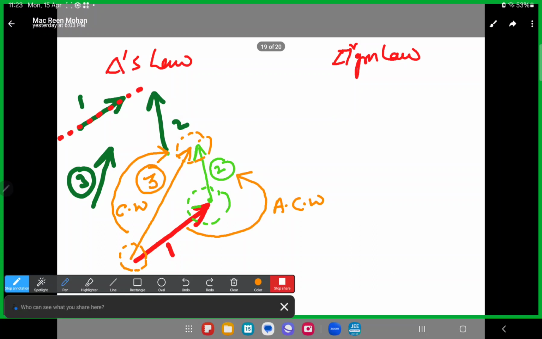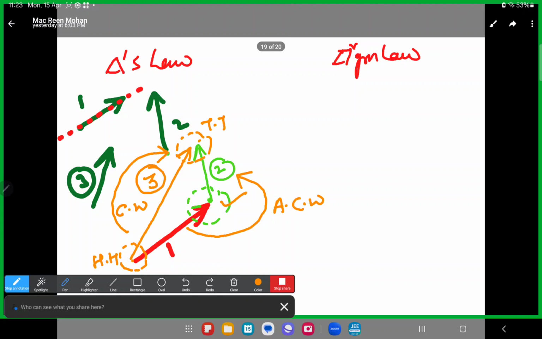So I repeat, triangle law, I thought it is clear to you. Once we have these three vectors and have arranged them head to tail, and head to head and tail to tail, that will give you the result. This is the triangle law. By the triangle law, we can basically draw the diagram.